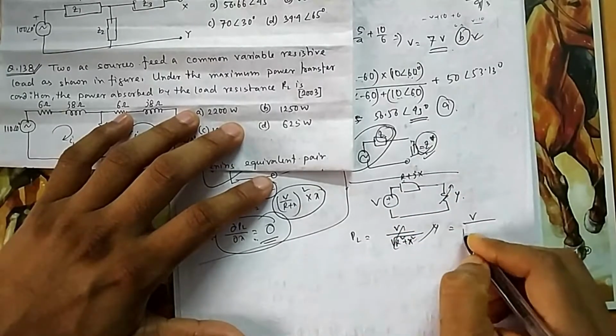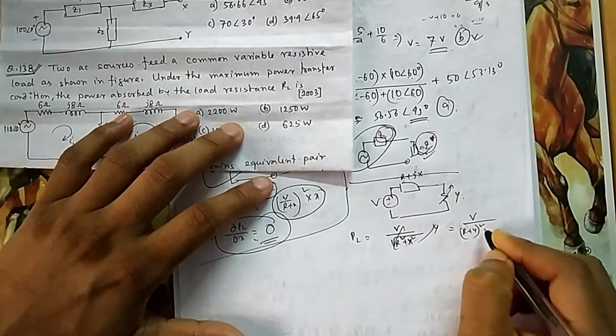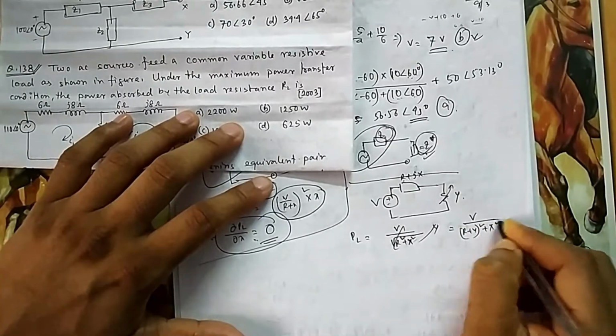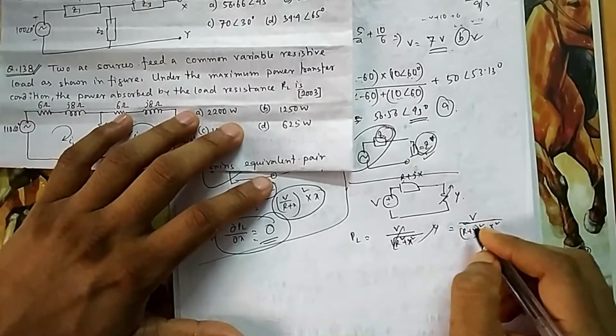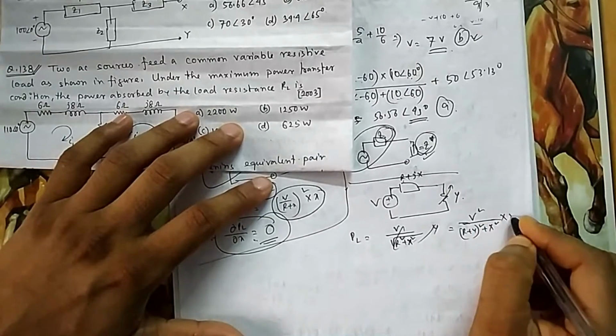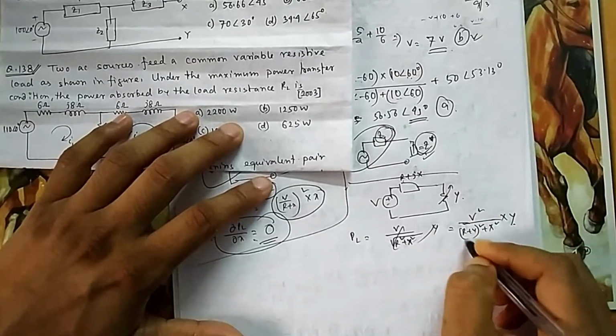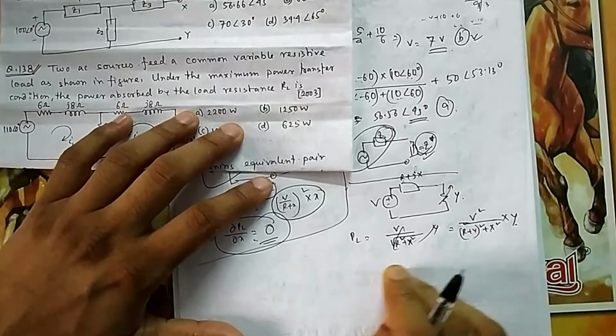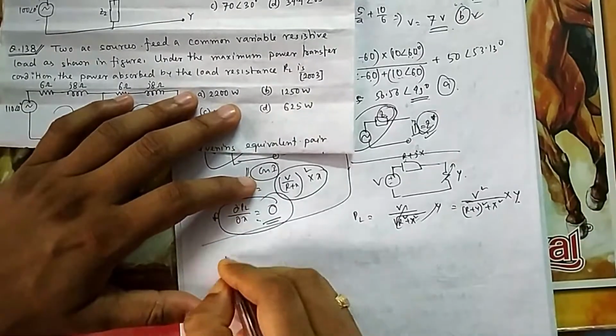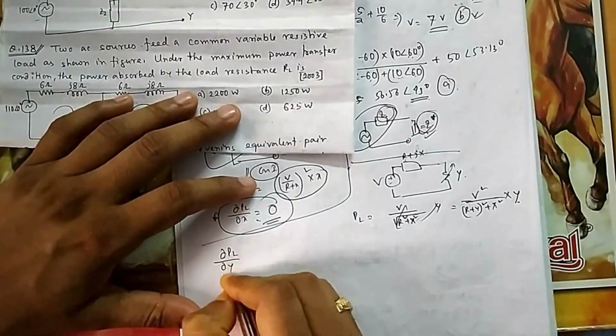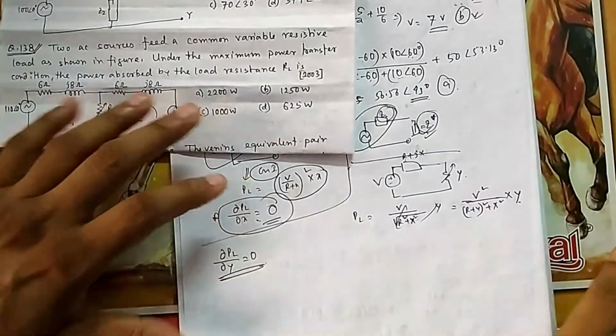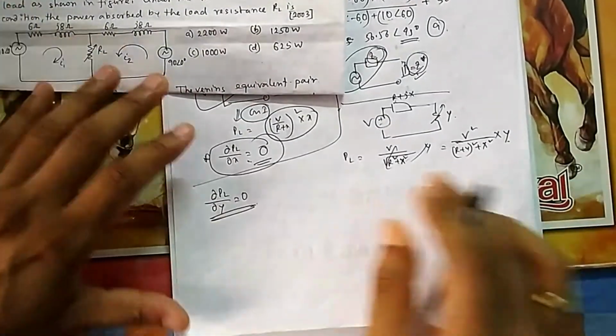V by under root of ((R plus Y) squared, because this is also resistance, plus X squared). I am not doing the under root because you will be taking the square anyway, since it is I squared. So if you take I squared, it will be 1. Now what you do, you take the differentiation of this, dPL with respect to dY, equal to 0. From that you will find some conclusion on what the answer should be.